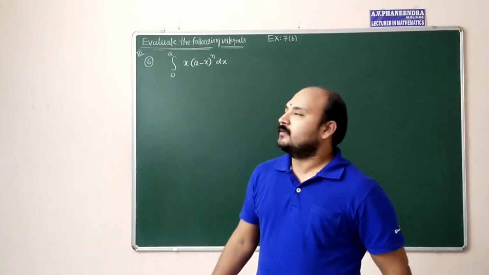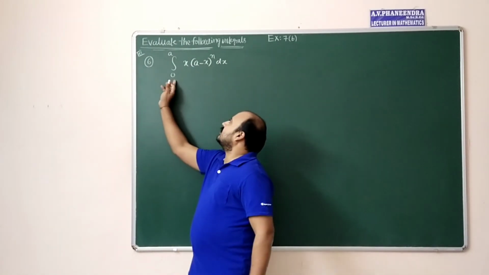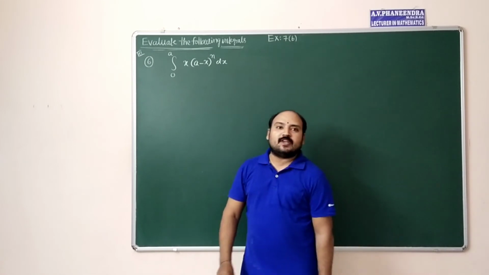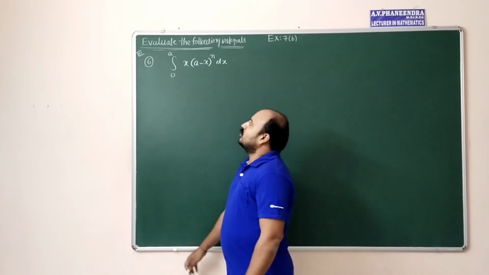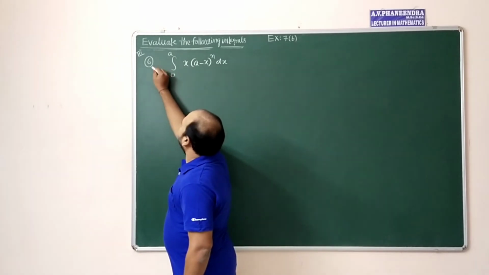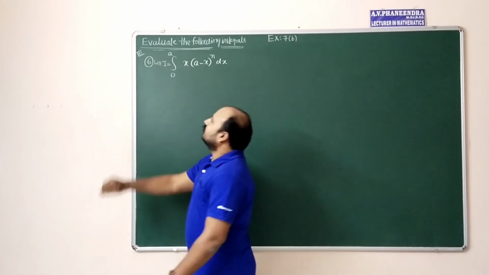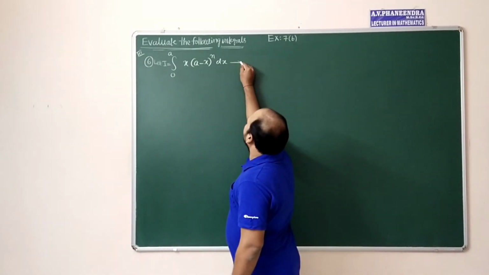The next question. Evaluate integral 0 to a x into a minus x whole power n into dx. Like the previous problem, you can assume the given integral as I. Let I equal to this, put that as equation number 1.